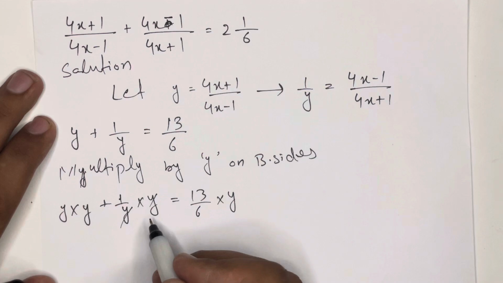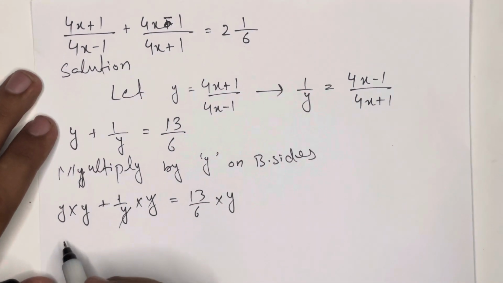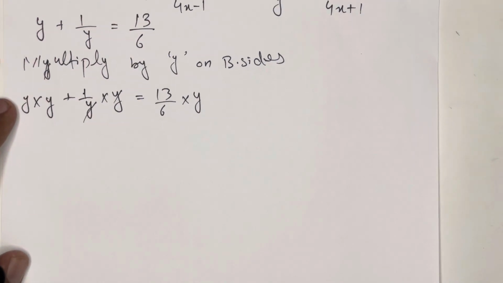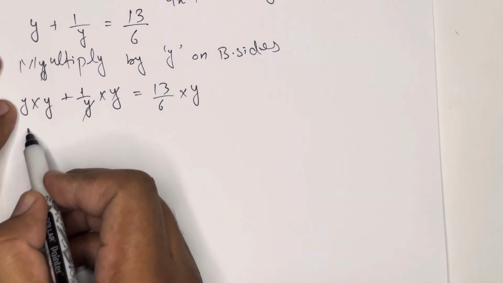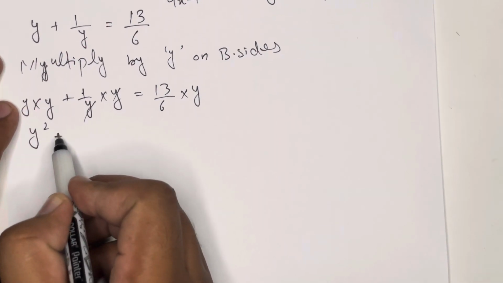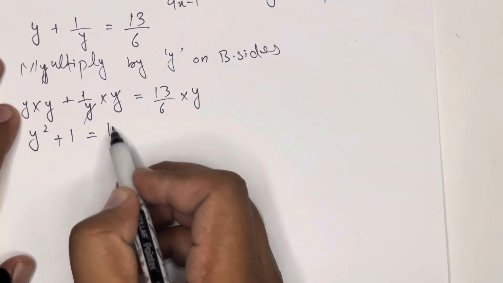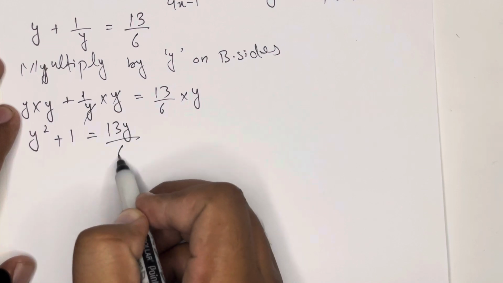So these y cancel each other, and this can be written as y squared plus 1 equal to 13y over 6.